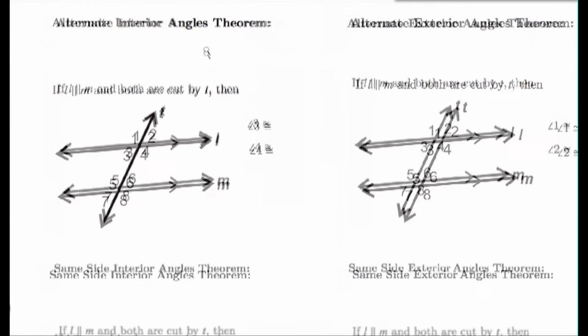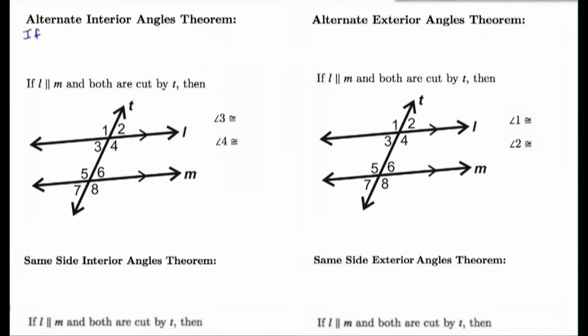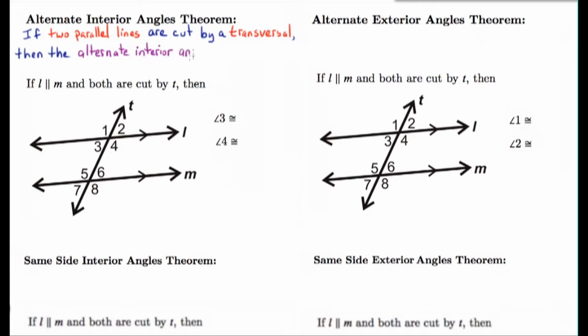Okay, alternate interior angles theorem. If two parallel lines are cut by a transversal, then the alternate interior angles are congruent. So angle 3 and angle 6 are congruent, and angle 4 and angle 5. They're the only two pairs for that one.